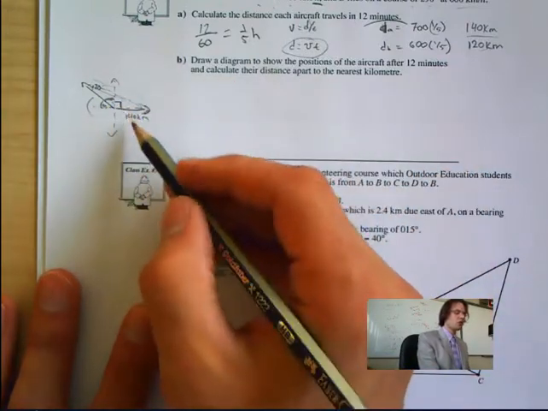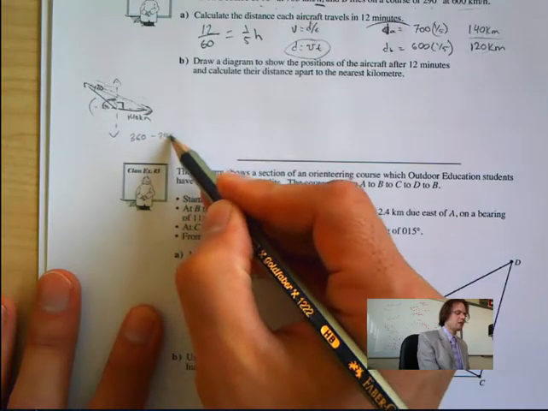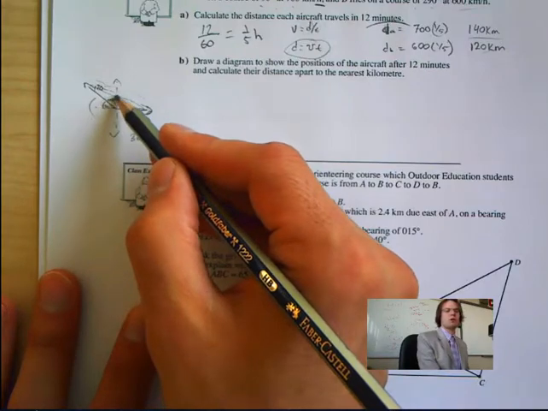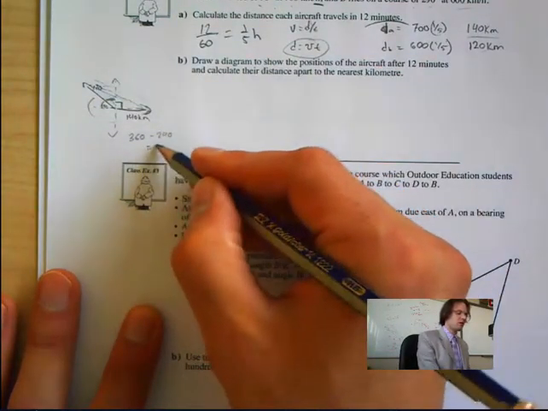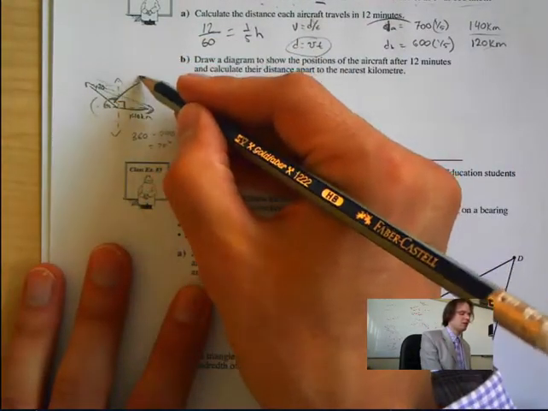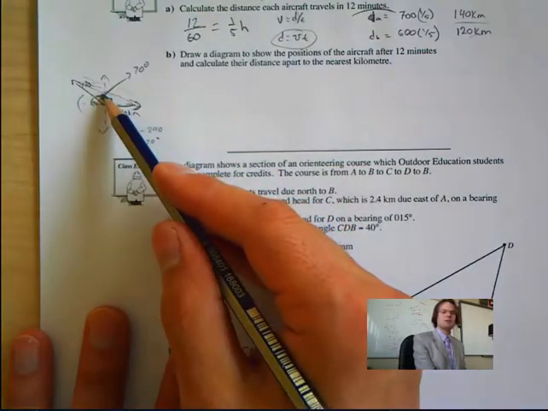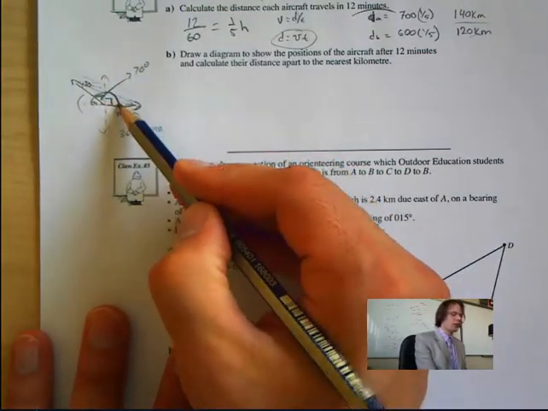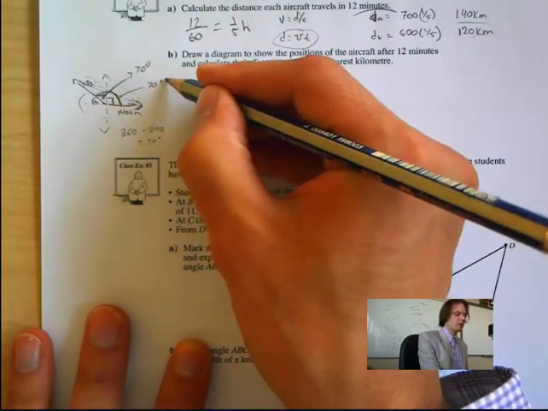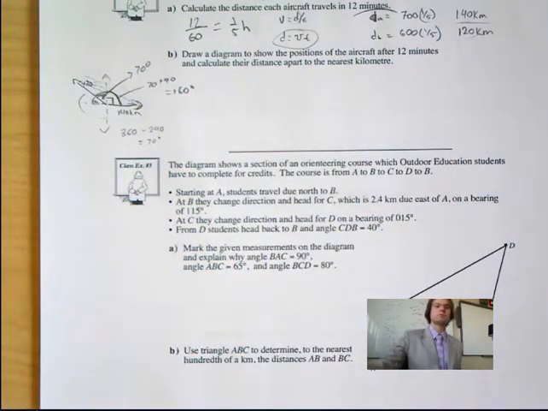Or I could also go 360 minus 290, because the total all the way around is 360. That's the closest one, which will give me 70 degrees. So there are two ways of finding that this angle is 70 degrees. Now, if I know this is 90 degrees and this is 70 degrees, I can figure out the total angle. That total angle is equal to 70 plus 90, which is equal to 160 degrees. All right?